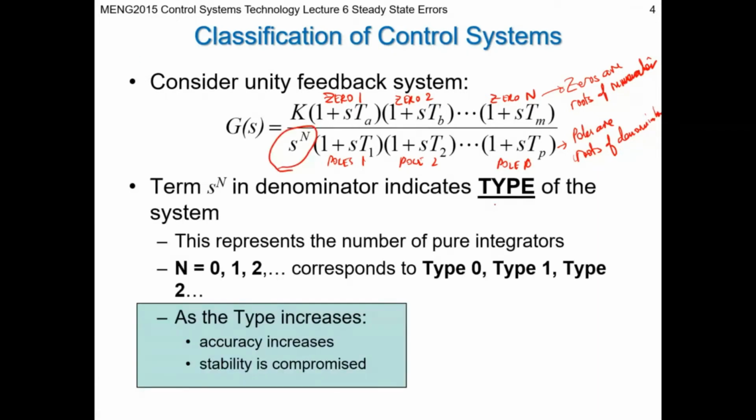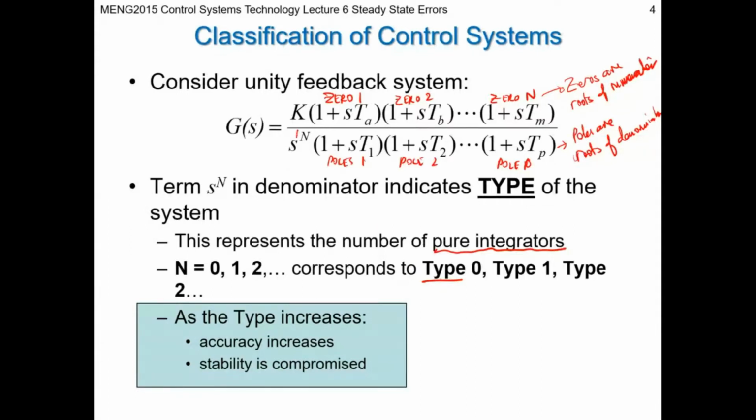The s to the n term indicates the type of the system. That is how many pure integrators we have. If you have no s to the n term, it's just missing, then effectively that's the same as s to the naught, which gives us 1. So that's a type 0. If n equals 0, that gives us type 0.